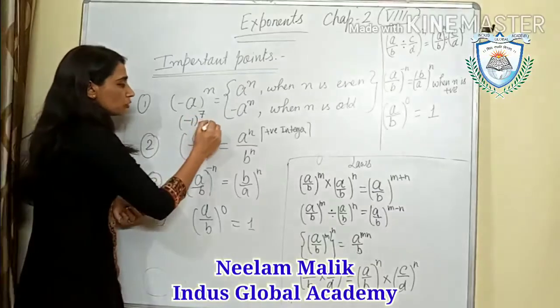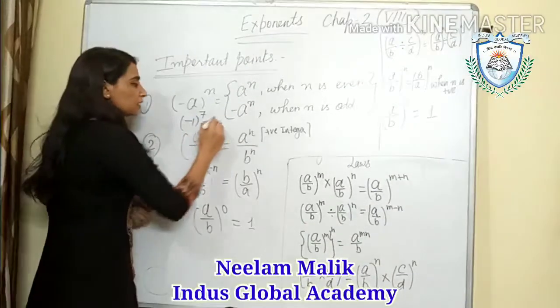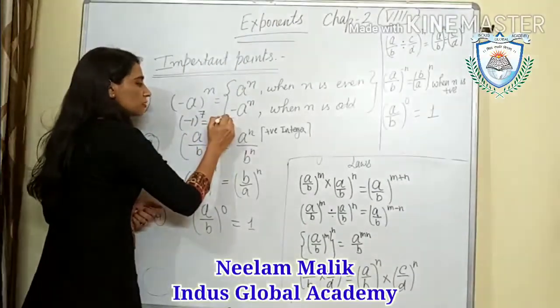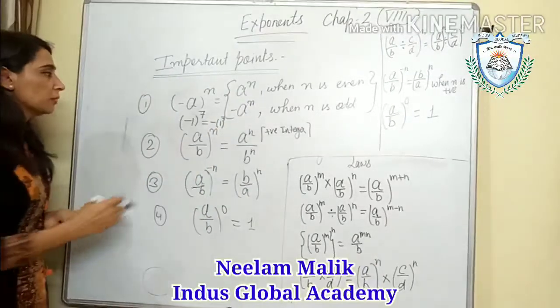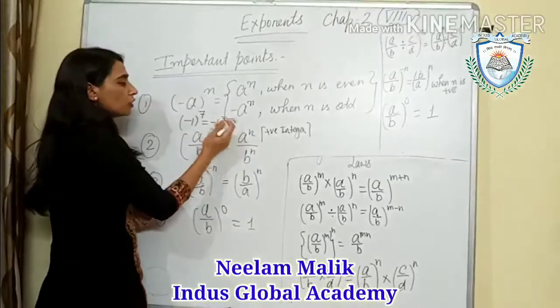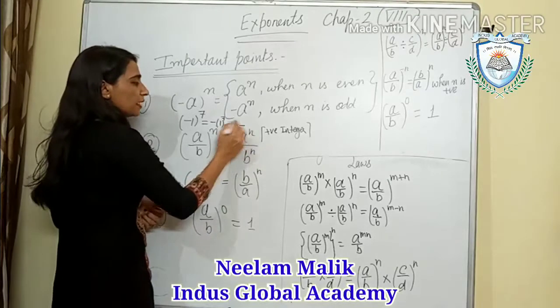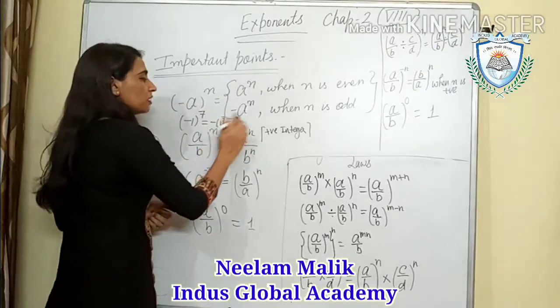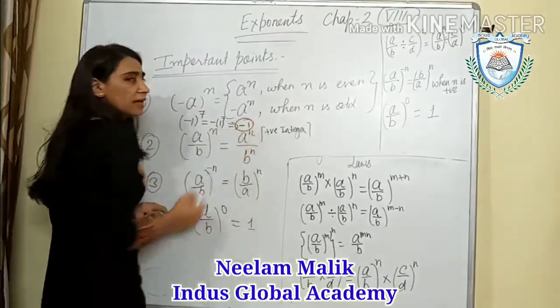So this will be equal to minus 1 raised to 7, which means the minus will be outside. Now you will open this, it will be 1. So our answer is -1.